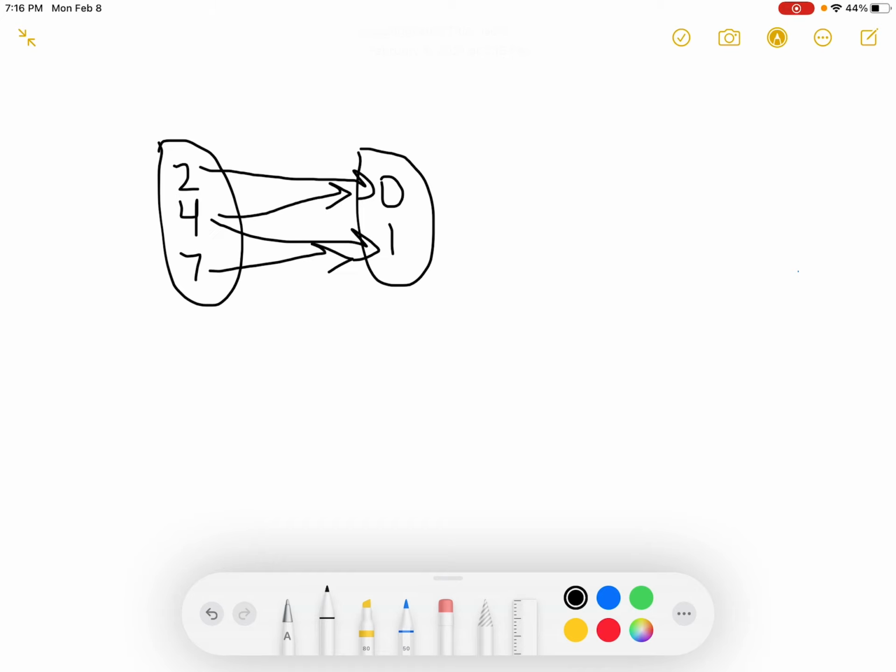We have a 2 going to a 0. Then we have a 4 going to a 0 and a 1. And then we have a 7 only going to a 1.